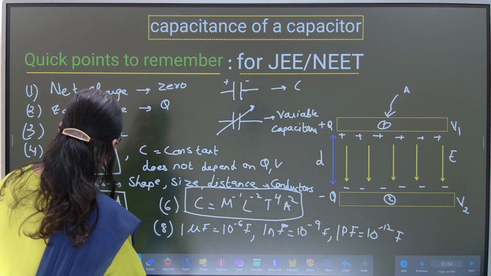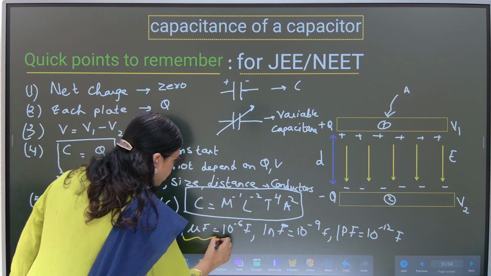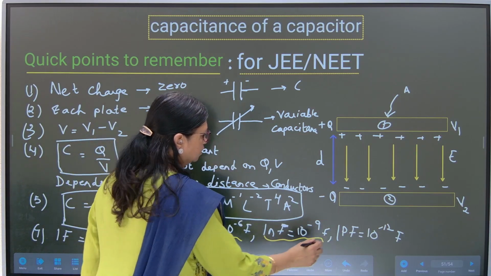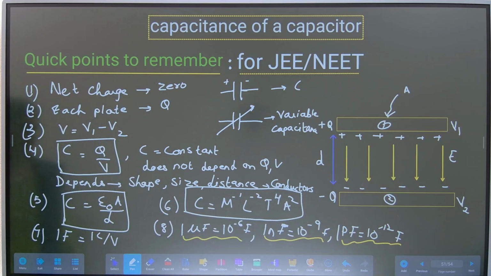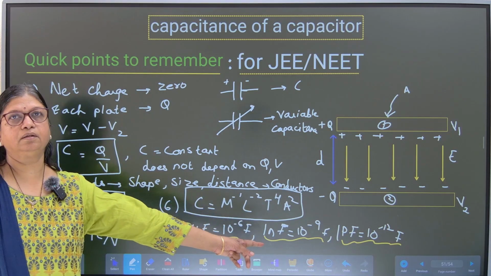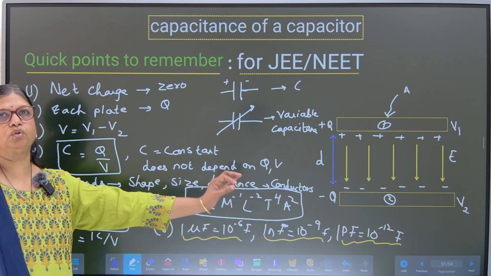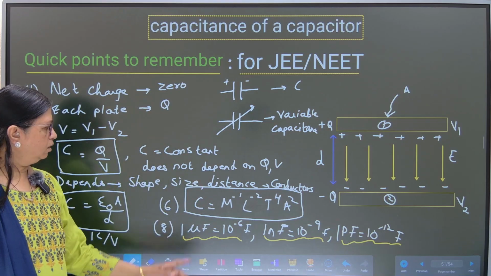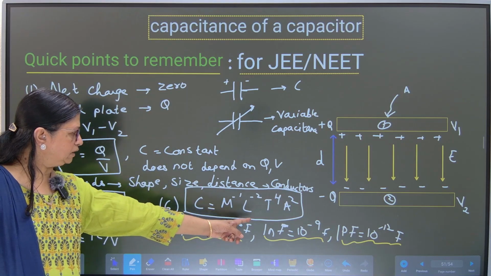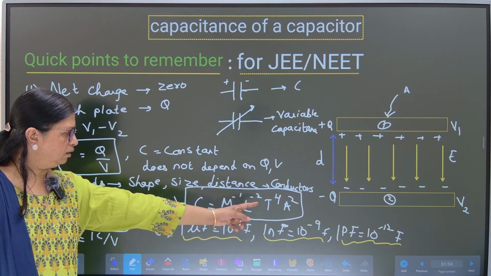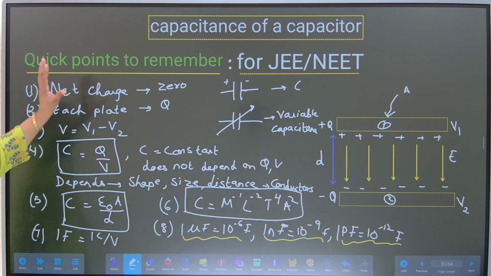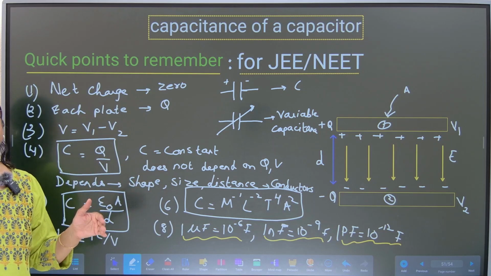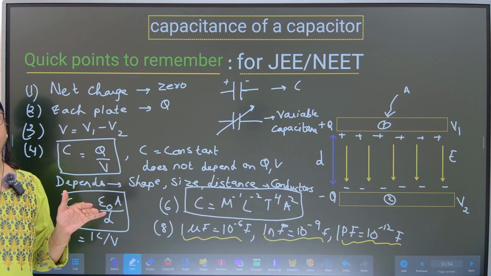These all you have to remember for quick conversion from the given unit to farad. Micro 10 raised to minus 6, nano 10 raised to minus 9, and pico 10 raised to minus 12. So quick revision has to be done before you actually apply the formula.